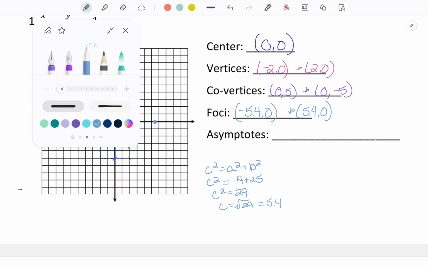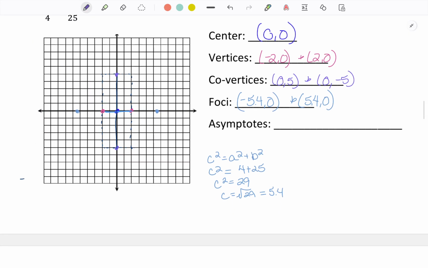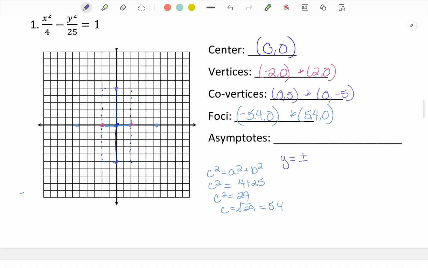So then for those asymptotes, remember, your formula for this is y equals plus or minus b over a times x minus h, plus k. So our b is 5, our a is 2, minus 0 for h, and then plus k, so that's 0.